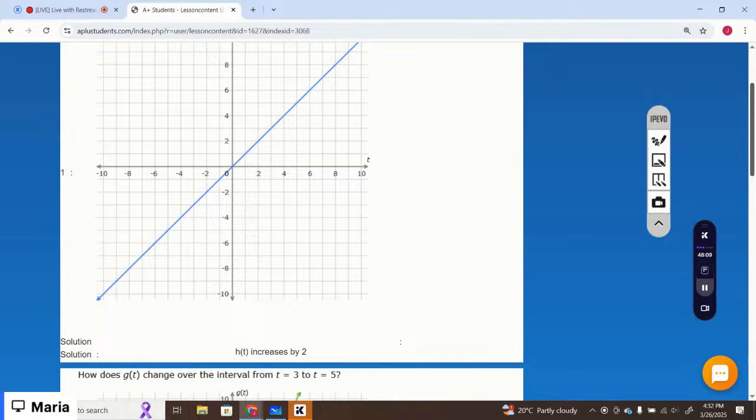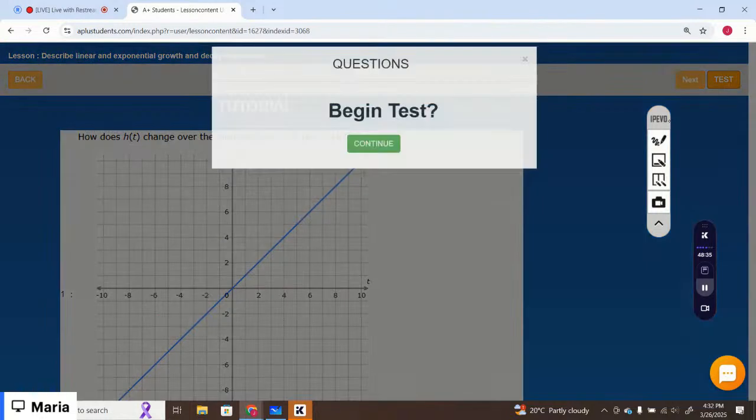When t equals 8, h of t is 8. When t equals 10, h of t is 10. So that means the function increases by 2. Let's just start with the test questions.